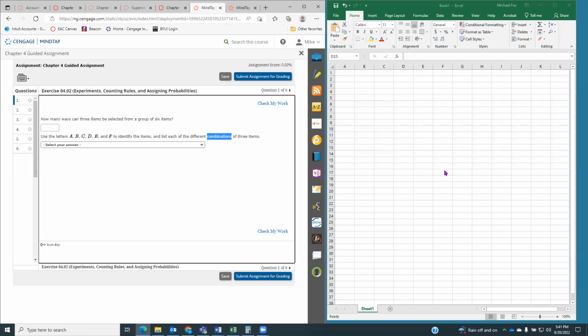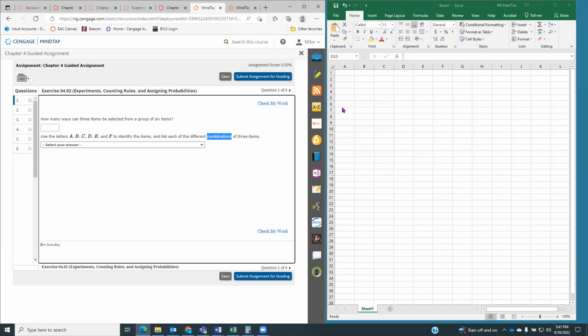Here we have 6 items, and we want to select 3 items from the 6. How many different combinations are there? In your book on page 175, there's the formula, which is big N factorial, where factorial means you multiply.